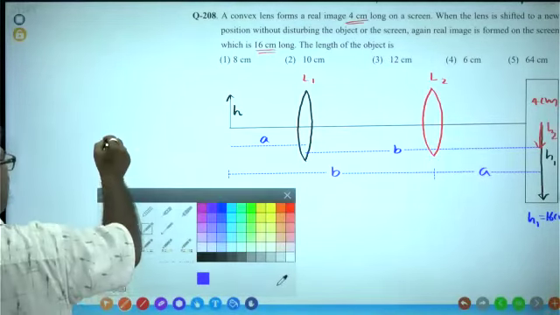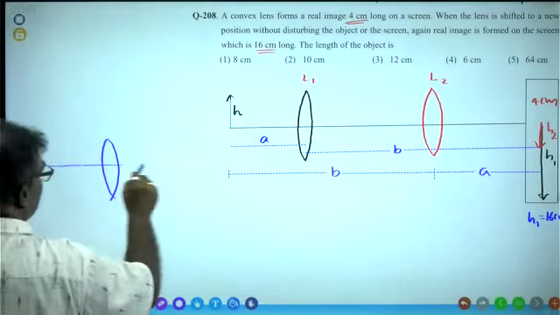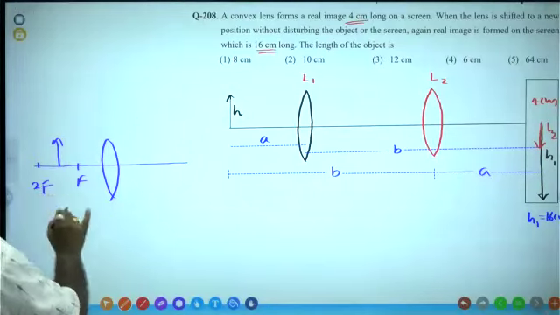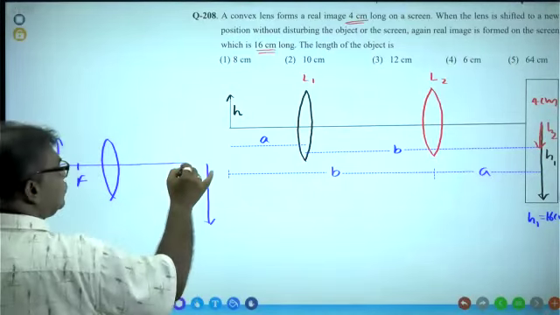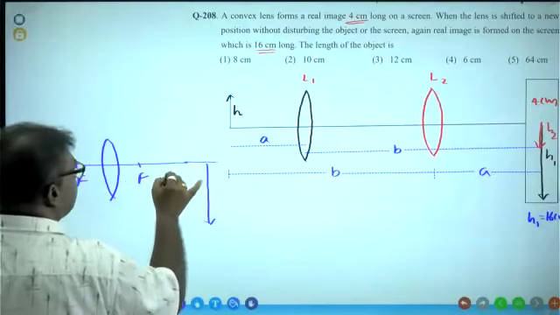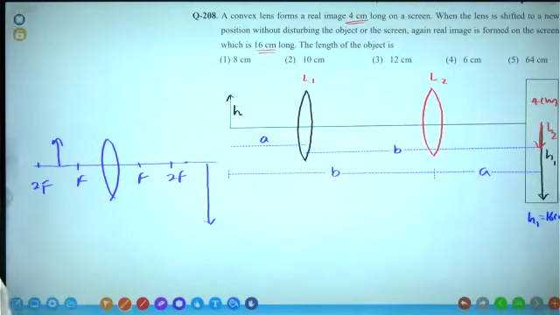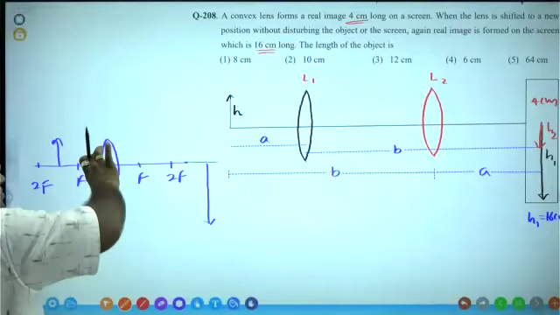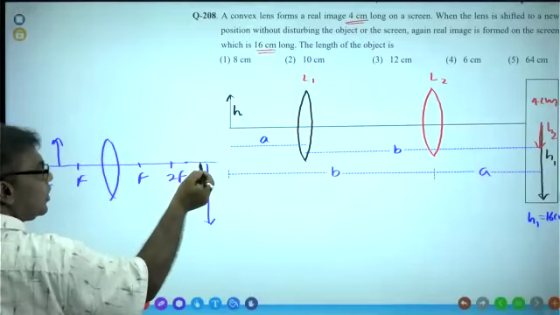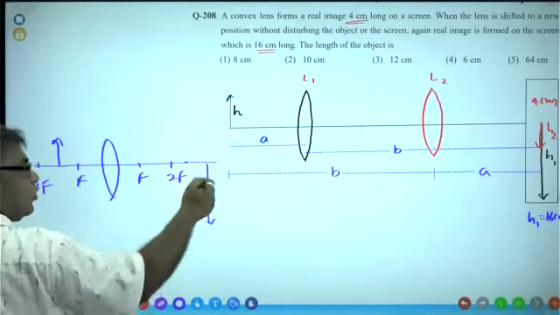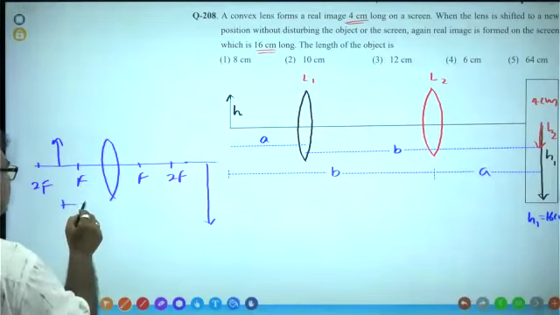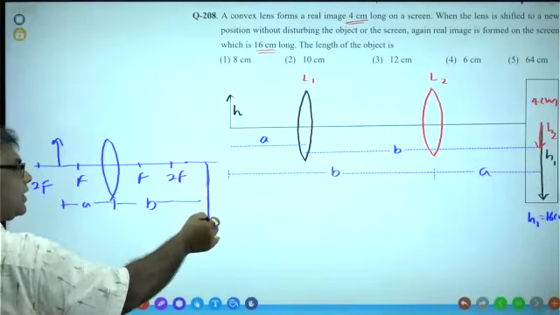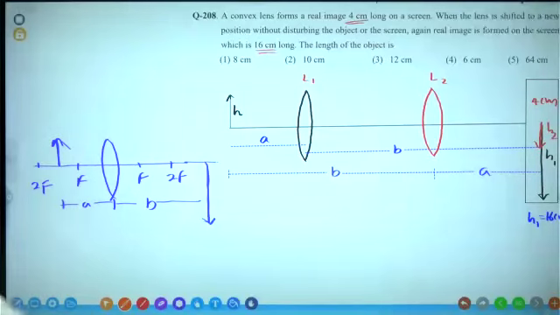Let's see. Here we have a convex lens, right? If you keep the object in between F and 2F like this, the image will be formed beyond 2F. Here F, here 2F, beyond 2F. If you shift the lens until the object distance is like this, or the reversed one, then if this is A, this must be B. If you keep the object right here, the image will be formed like this.